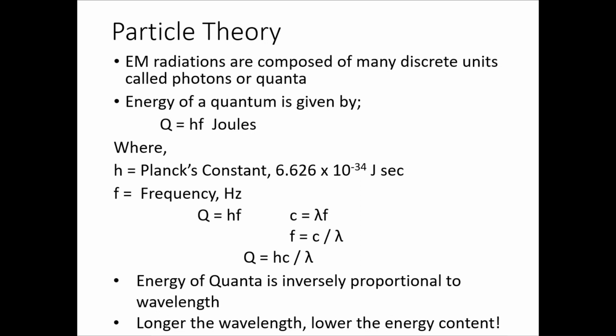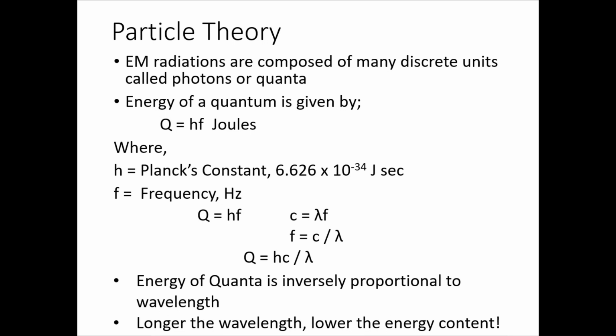The energy of a quantum is given by Q = hf joules, where h is Planck's constant, right? And f is the frequency. So Q = hf, and we know that f = c/λ from the general equation that we saw, c = λf. So Q is basically equal to hc/λ. This is my particle theory.